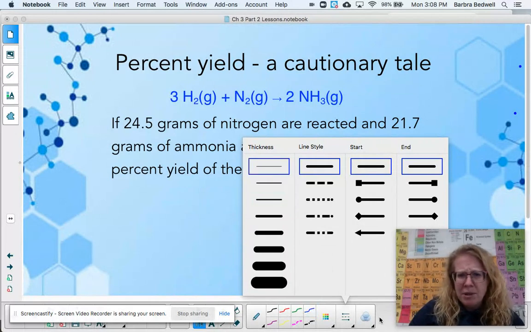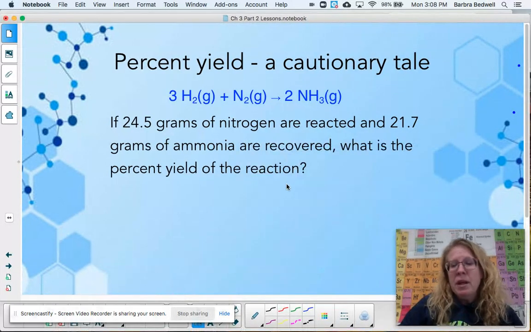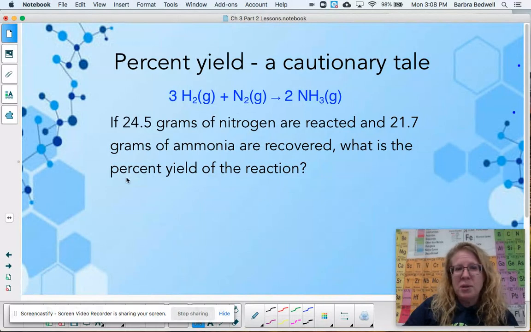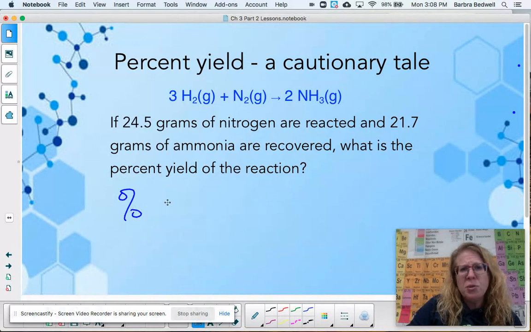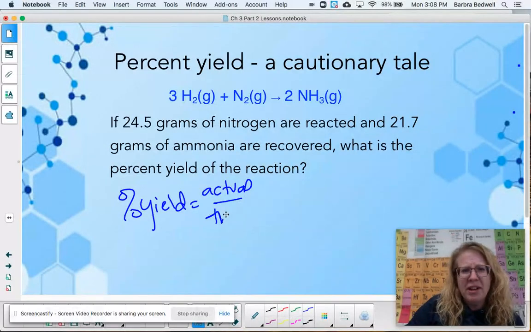Let me make this a little bit smaller so I can actually use it today. But here's what students will do sometimes. They will look at this particular equation: you've got 24.5 grams of nitrogen reacting, and 21.7 grams of ammonia. What's the percent yield of the reaction? And so students will look at it and go, percent yield equals actual over theoretical, times 100.